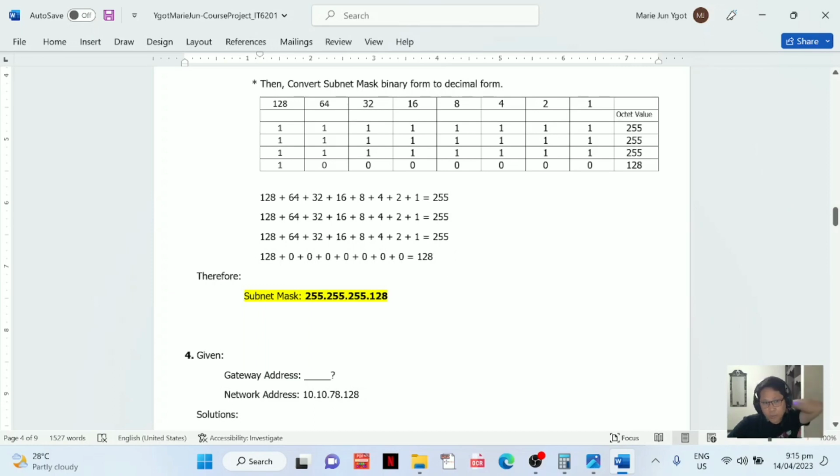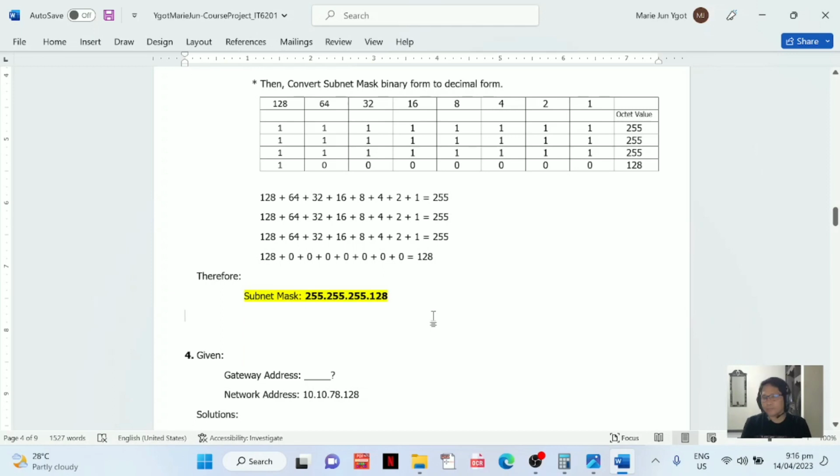So therefore, we're going to put down all these octets here. So therefore, our subnet mask is 255.255.128. So this is our final answer.